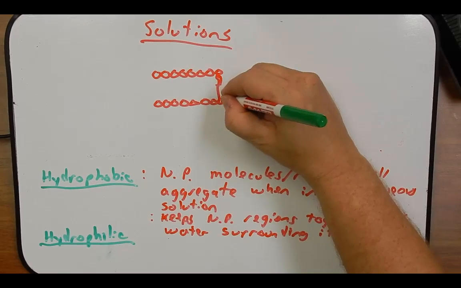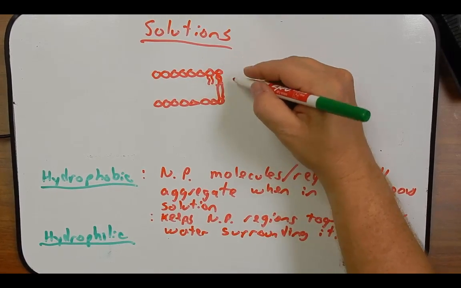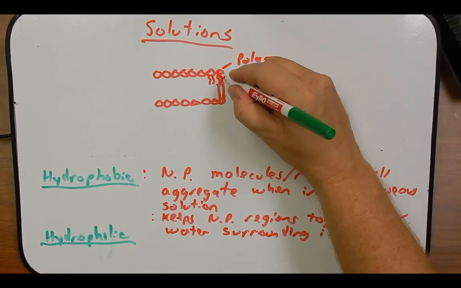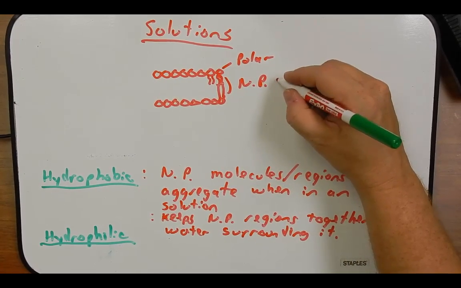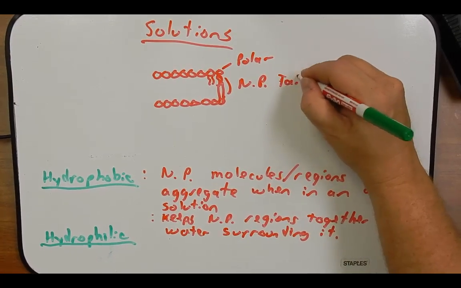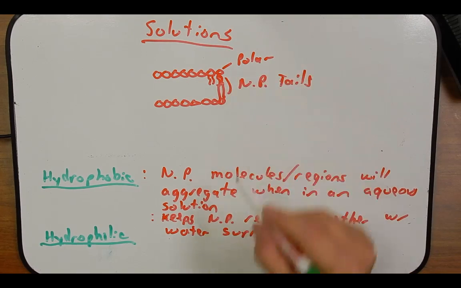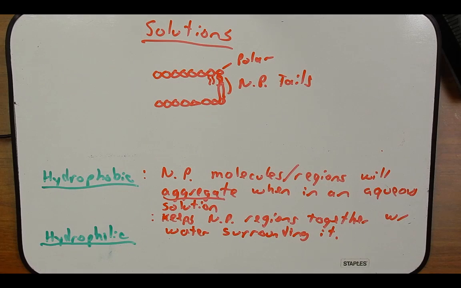phospholipids. And I'm not going to draw this all the way out, but each one of these polar heads here, these are polar, and then these are nonpolar hydrophobic tails. These interactions are really important. They aggregate together, and they exclude the water.